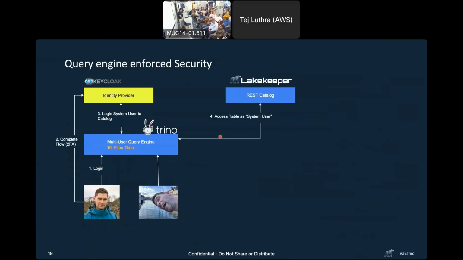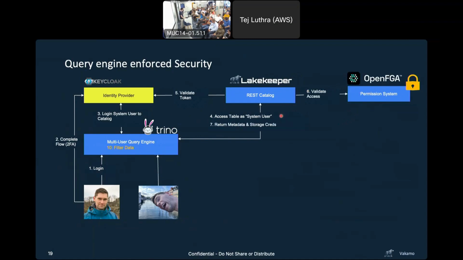Then we are querying some data, right? And what happens next is that Trino contacts Lakekeeper and asks for data of a table. We validate the token from Trino, and we also validate the access, which is pretty much always going to be okay, because Trino is accessing the catalog with a system user. There are also other ways to do this, but for the sake of this example, we use that.